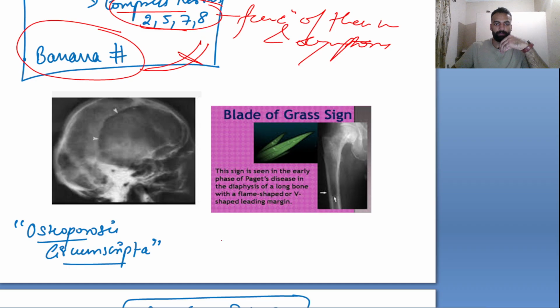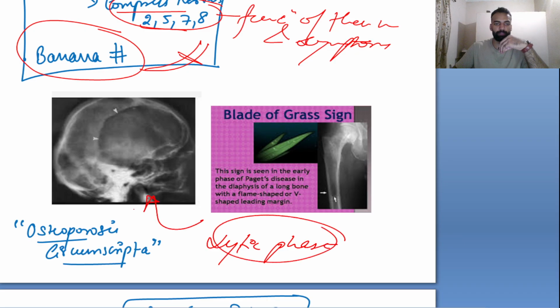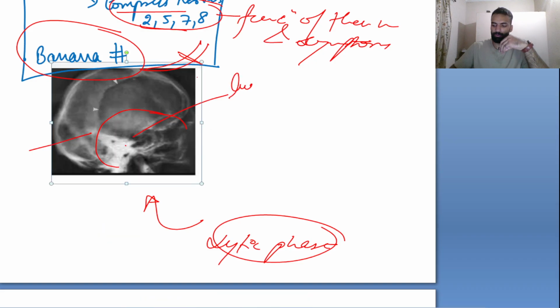So this is the lytic phase. These are the images of the lytic phase. There is osteoporosis circumscripta. So you can see this is lucency. This is much more lucent.